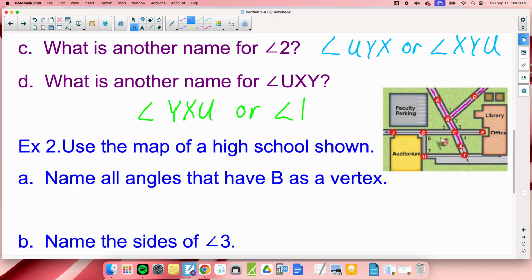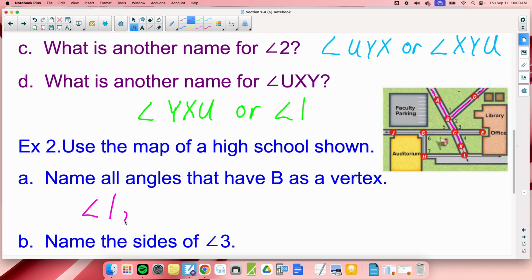In this course, we don't talk about straight lines as being angles. So what we have to do is figure out, how can I name this angle right here? What's the easiest way? Angle 1, right? Or angle ABD, or angle DBA, okay? I'm gonna do 1, just that's the easiest.